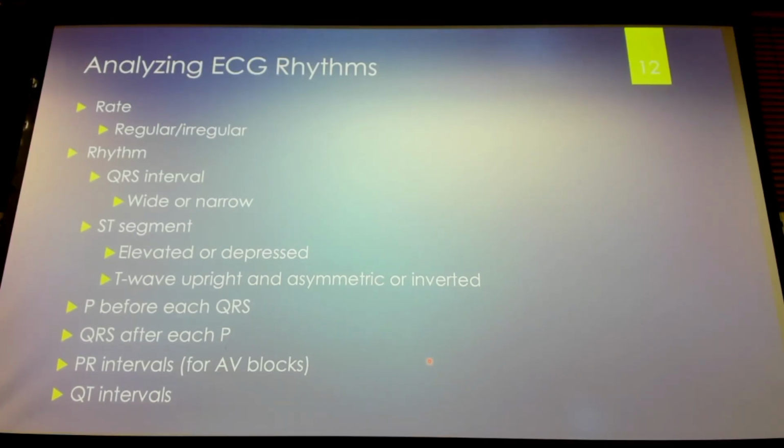Look at our QRS intervals, are they wide or narrow? Look at our ST segments, are they elevated or depressed? And our T waves as well. Then we want to know, is there a P before each QRS complex and a QRS complex after each P wave? Look at our PR intervals. That's going to tell us if there's a block at the junctional area, the AV area. And then we're going to look at our QT intervals as well.